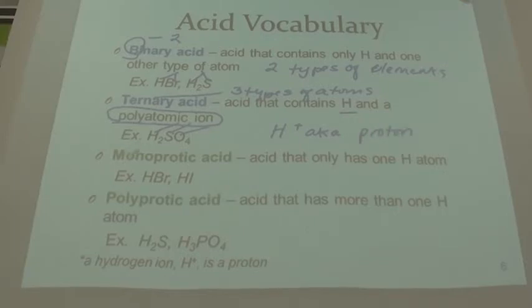So a monoprotic acid means there is one proton, one hydrogen ion in the acid. Polyprotic means more than one proton. Get it?